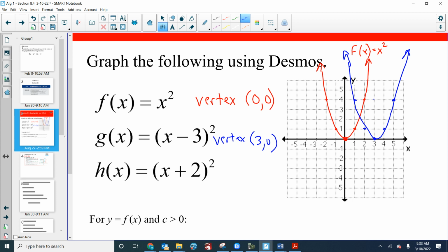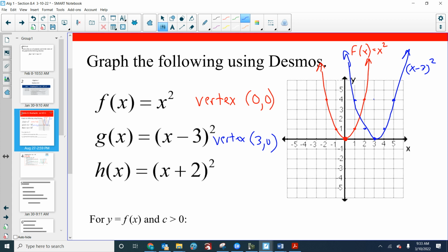And I'm just going to write x minus 3 quantity squared. If you want to write g of x, go for it. Does everybody understand that? Every point got moved 3 places to the right. Pretty easy to see, right?